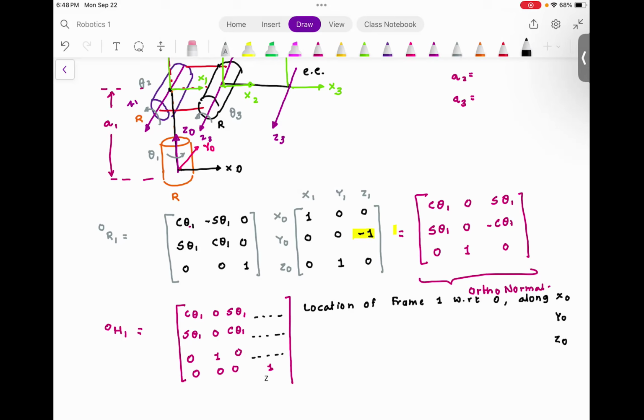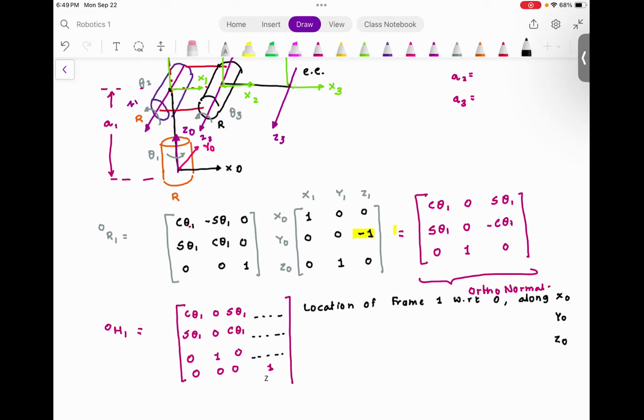Because my frame number 1 and frame number 0 are aligned along x0. My frame number 1 and frame number 0 are also aligned about y0. So can you see my y0 is also going to be 0. The only difference is my frame number 1 and frame number 0 are offset by a1.